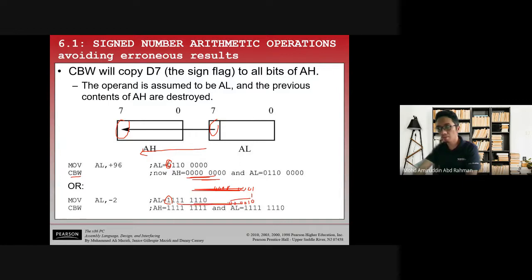When you type CBW, this sign is brought to AH, so all of the register AH will be 1 1 1 1 1 1 1 1. That shows the sign has been transferred to the AH.